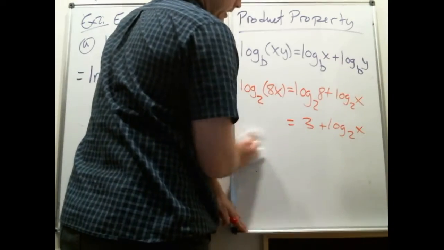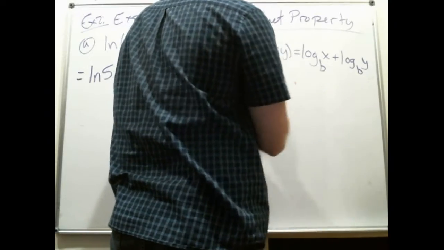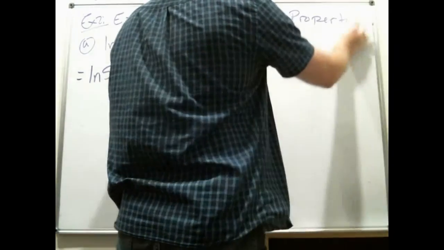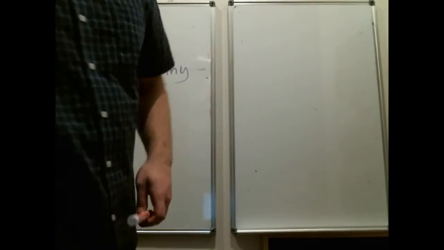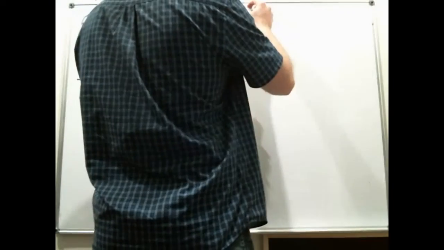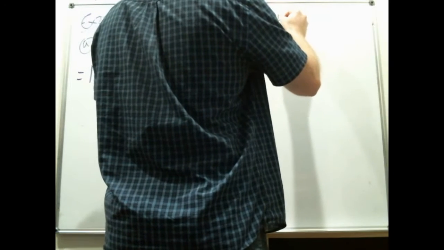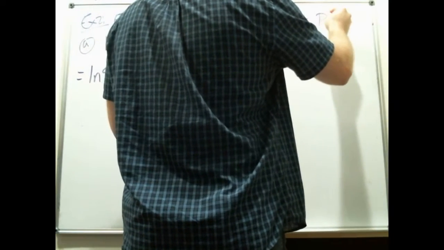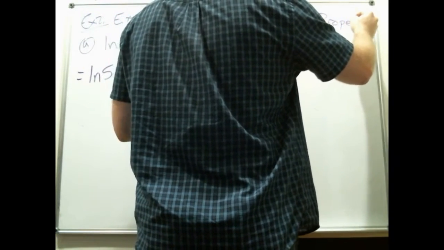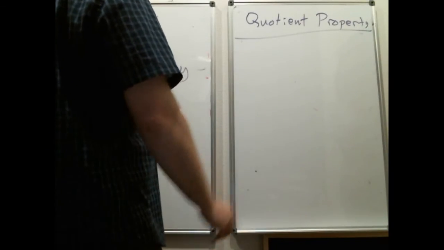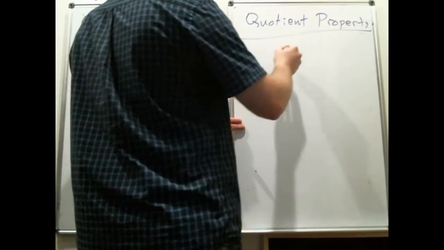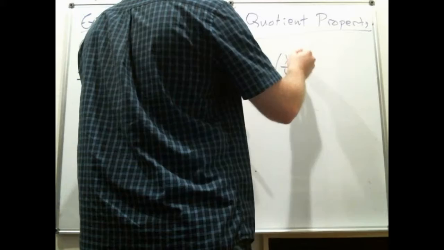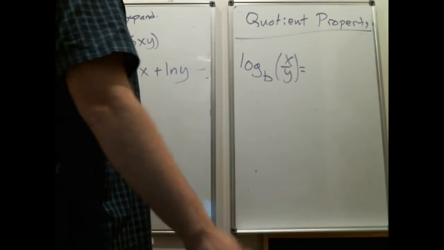Next, we want to look at the quotient property. The quotient property is very similar to the product property. It says if you have log base b and you're dividing two things, you can probably guess what's going to happen.